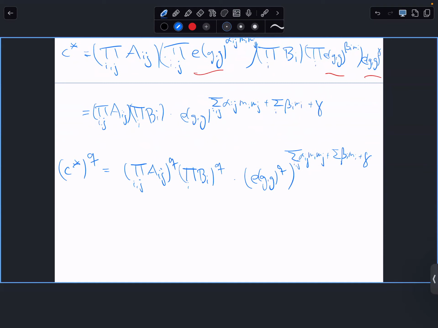Good. So what do you have to show now in order to establish homomorphic correctness of this scheme? What would we like this expression C star to the Q to be?